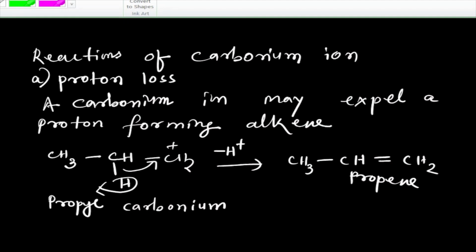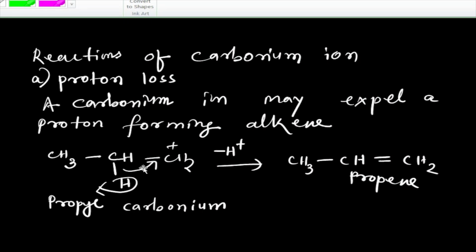Then what happens next? Reaction of carbonium ion, proton loss. If proton loss occurs, what happens? A carbonium ion may expel one proton, forming an alkene. That is a very, very important mechanism of alcohol. Let here be a propyl carbonium ion.